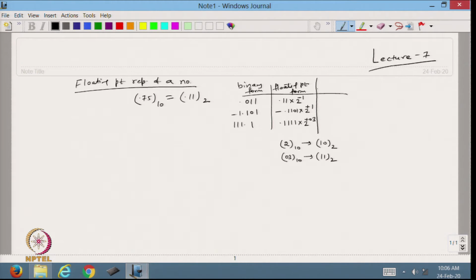So we can write this number again in the form 0.11 into 10. This 10 is not the 10 in decimal form, it is the binary representation of the number 2.